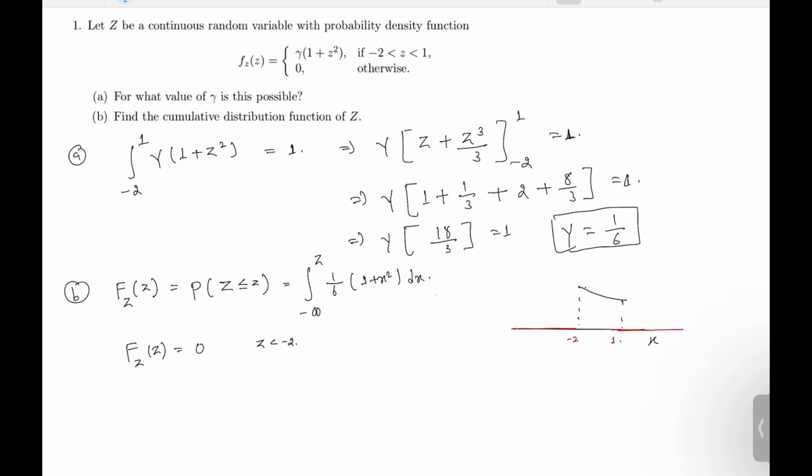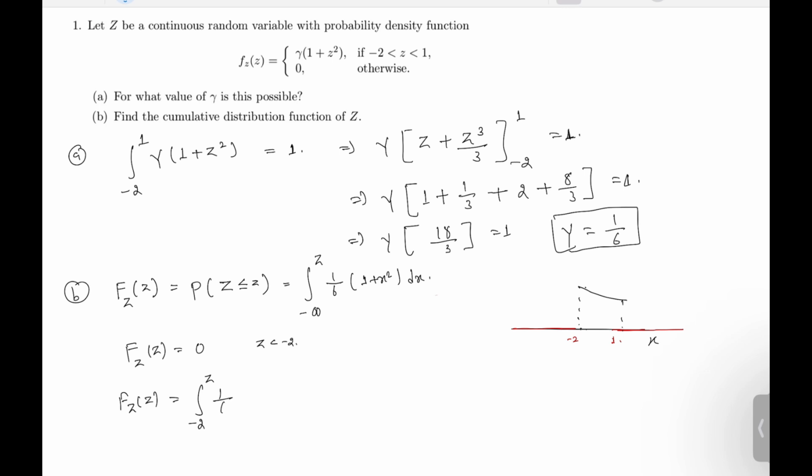So z could be anywhere between this interval -2 to 1, right? Now for this cumulative distribution function, we will be integrating from -2 to any generic point z.